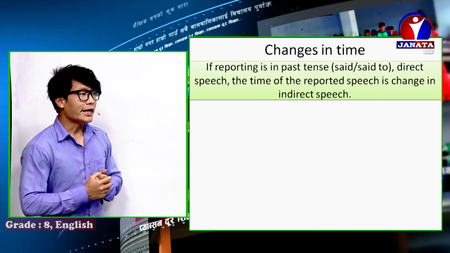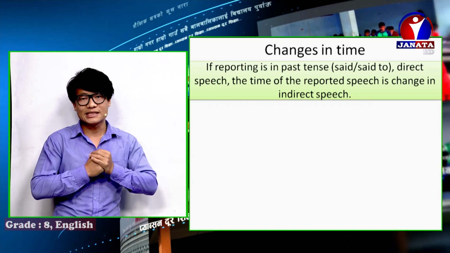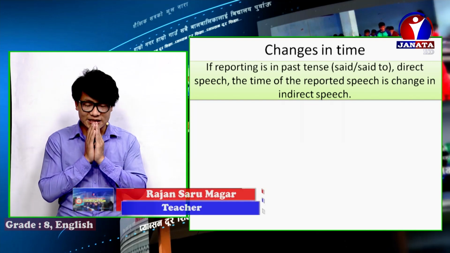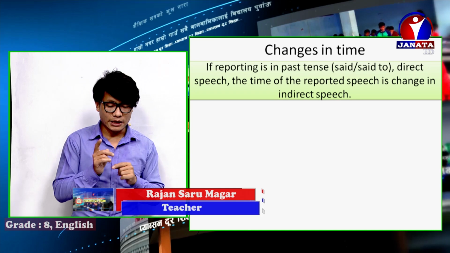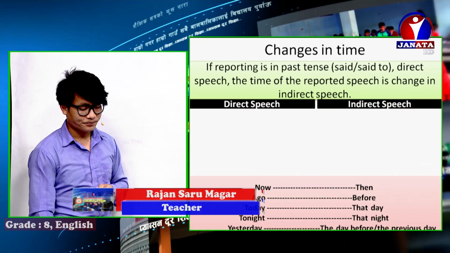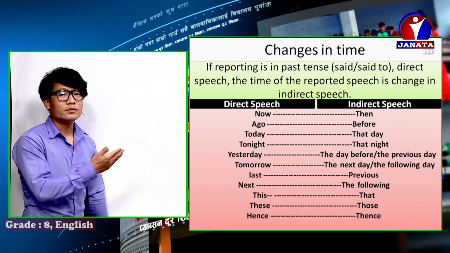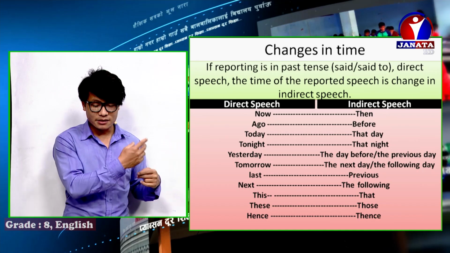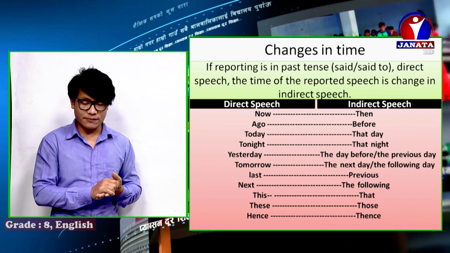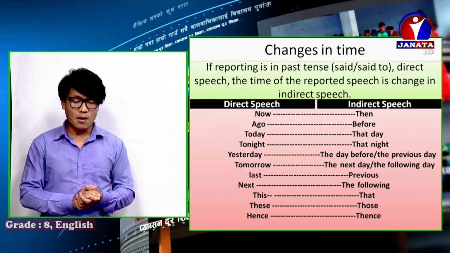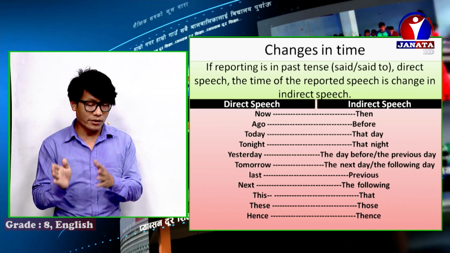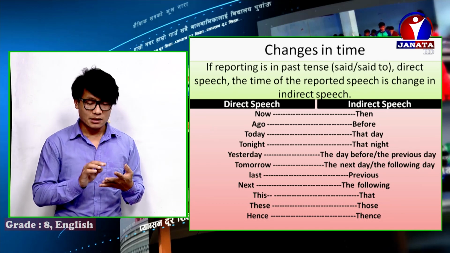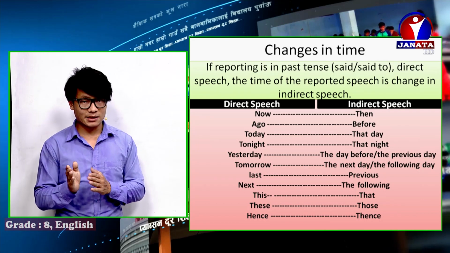See this, right? If reporting is in a past tense, said or said to, in direct speech, the time of the reported speech is changed in indirect speech. Like, see this: now, then; ago, before; today, that day; tonight, that night; yesterday, the day before or the previous day; tomorrow, the next day or the following day; last, previous; next, the following; this, that; these, those; hence, thence; and here, there.